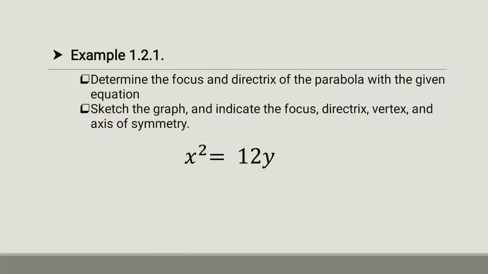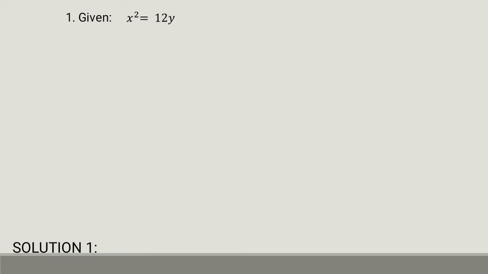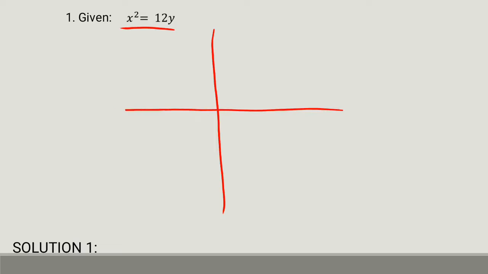For our first example, determine the focus and directrix of the parabola with the given equation. Sketch the graph, indicate the focus, directrix, vertex, and axis of symmetry of the equation x squared is equivalent to 12y. So pagkabigay pa lamang sa atin ng given, mas maganda, meron na tayong idea ano yung itsura ng graph natin.